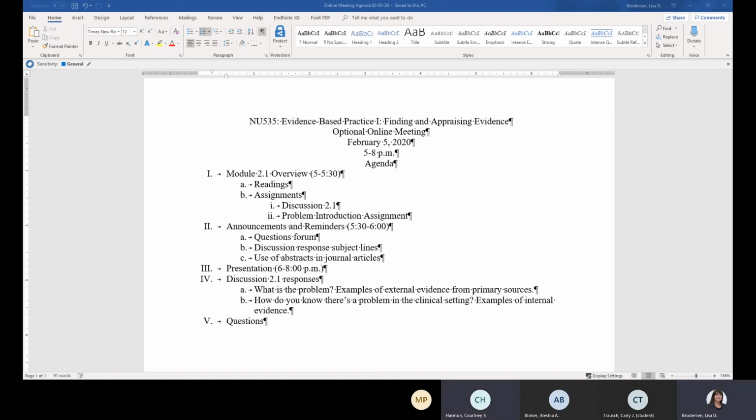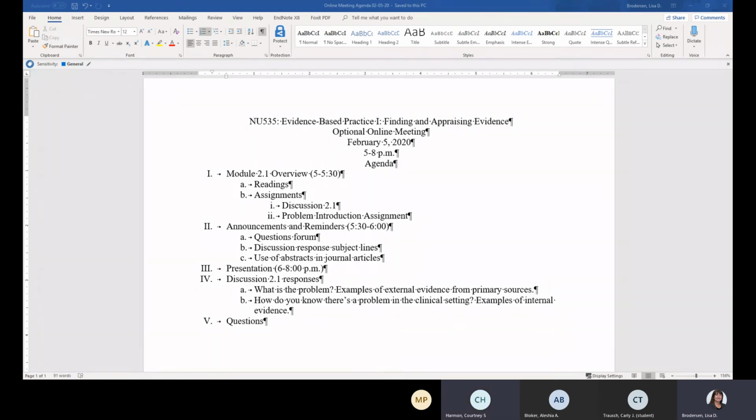Now, regarding your external evidence to describe the problem, I'm kind of looking at this, and some of the sources you found, are they about what it says? One's a qualitative single study in which concept mapping was implemented during the orientation of ICU novice nurses. Effectiveness of improving critical thinking skills was evaluated. See, I'm thinking that this literature is going to relate to your solution to the problem.